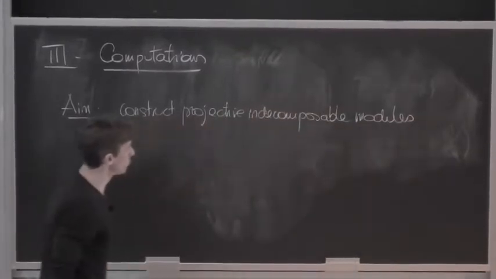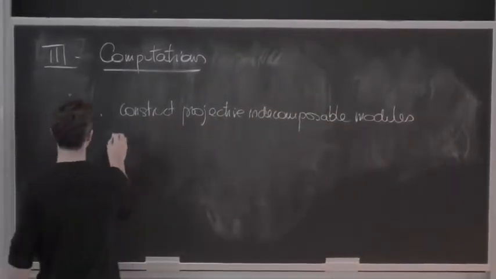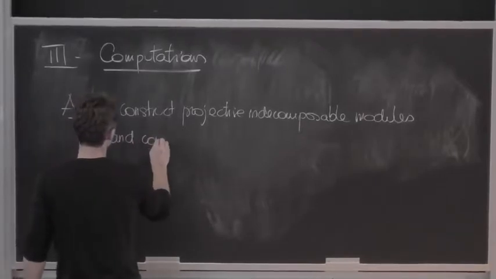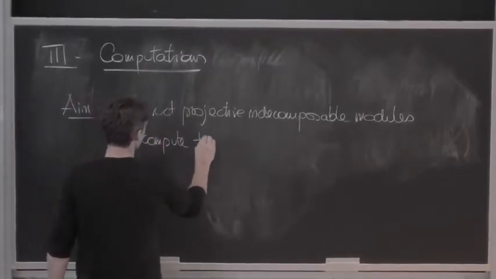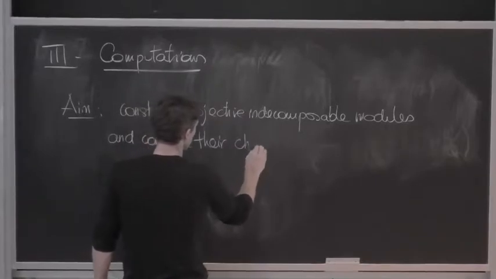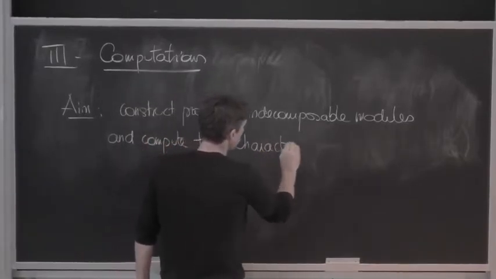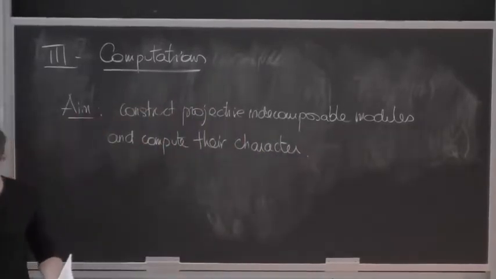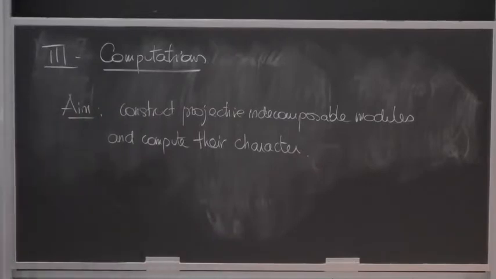And then what you have to do is to compute their character. By character, I mean that the projective module over O, or over the field of characteristic L, you can lift it to K, and then it will decompose.